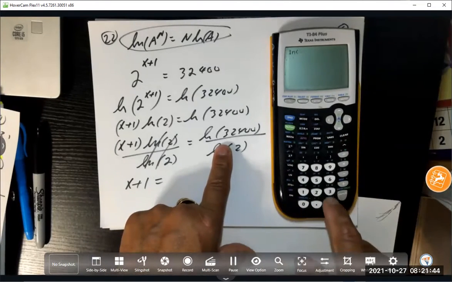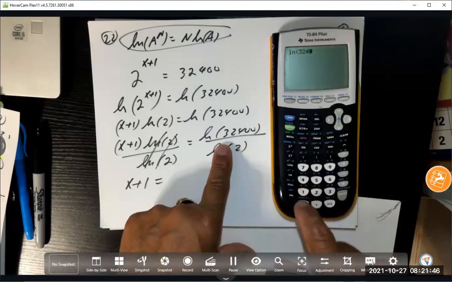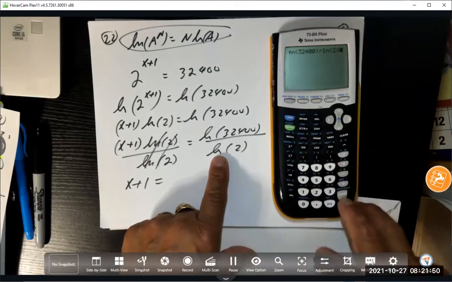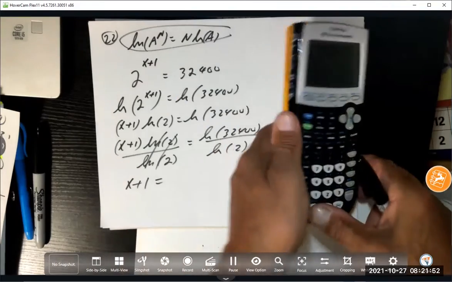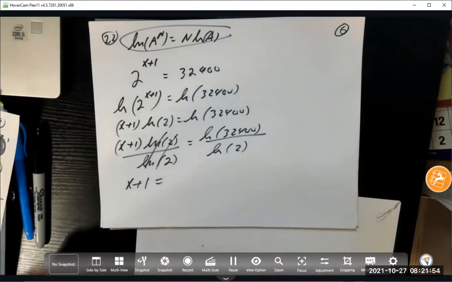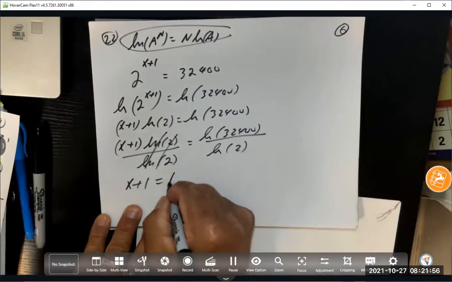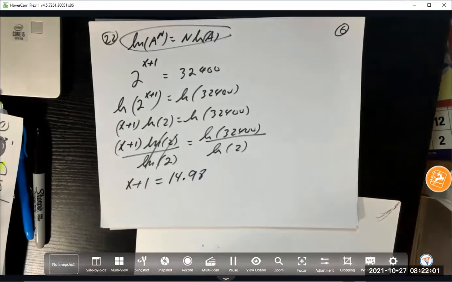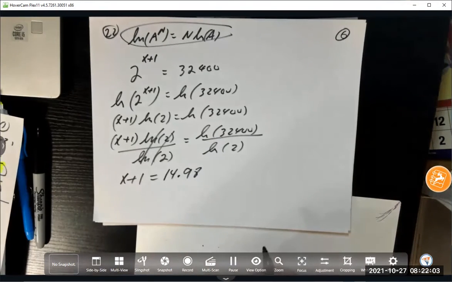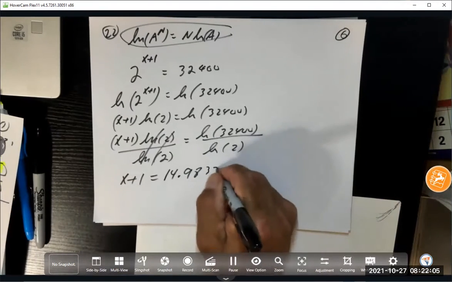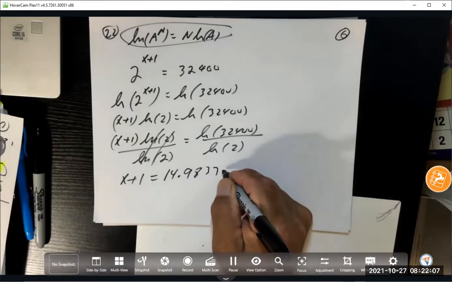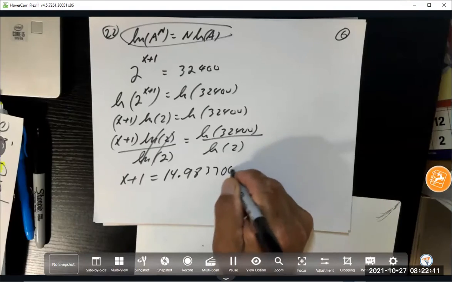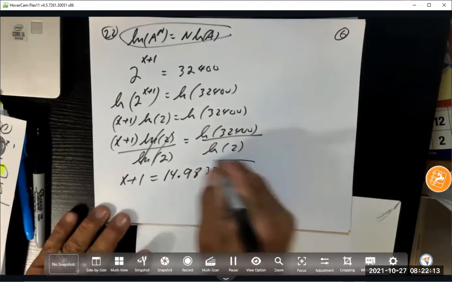Log 32,400 divided by log of 2. I got some decimals like 14 point something, 14.98. And then what else did y'all get? 37, 619.